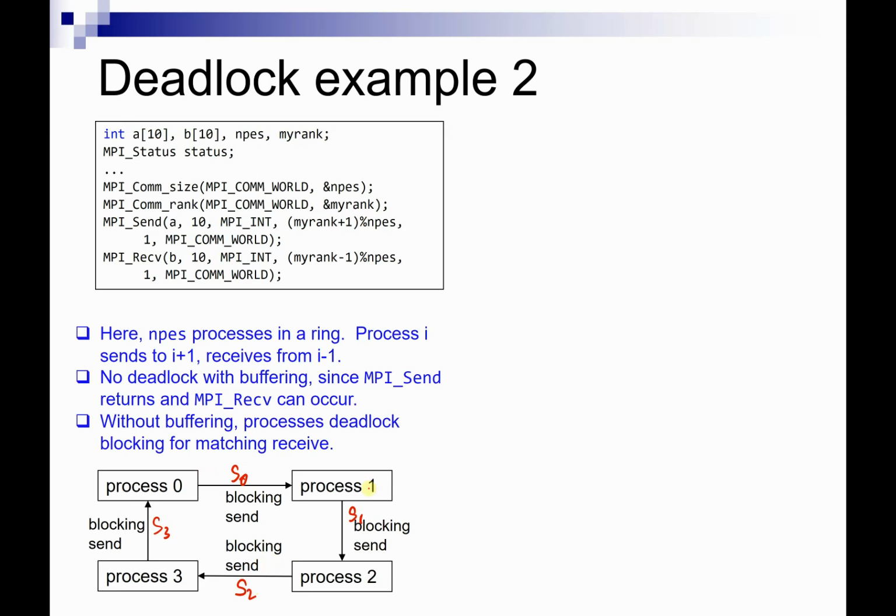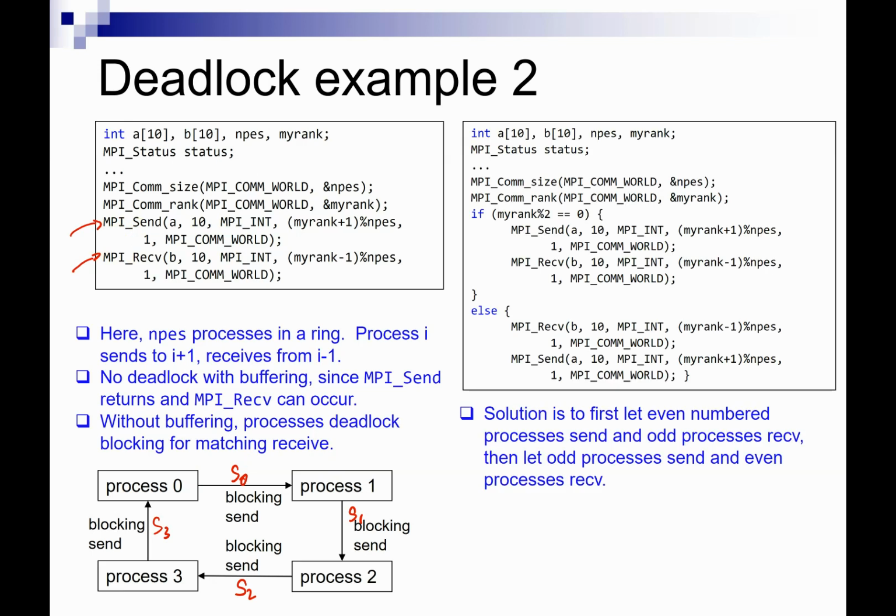All of the processes are doing send because that's the first operation they do. However, none of these sends can actually complete, because the only way for a send to complete, if you don't have buffering, is for the corresponding receive to happen. But right now, all of the processes are stuck on their send, because nobody's doing receive, so none of these sends can finish. So everybody is stuck on their send, and now we have a deadlock.